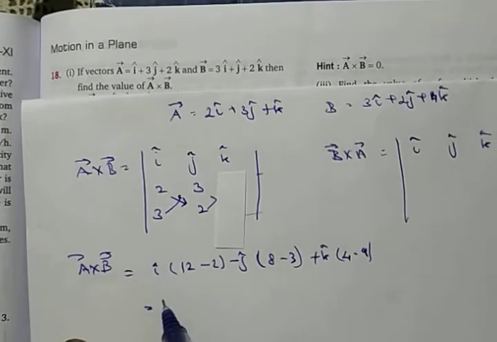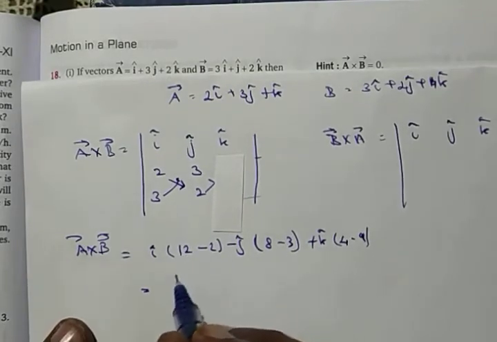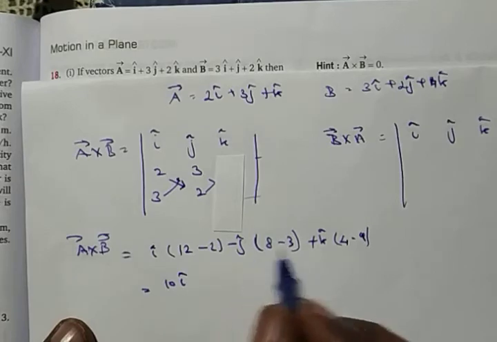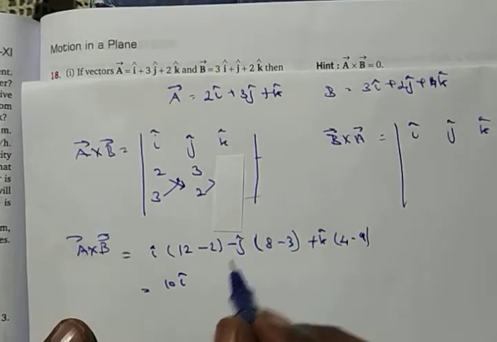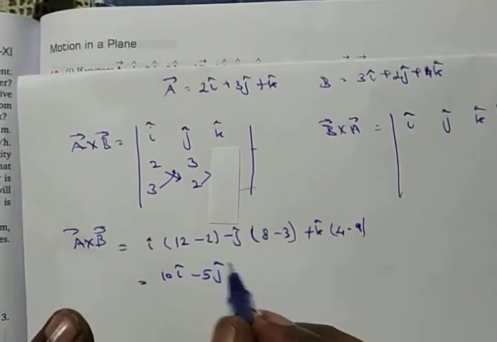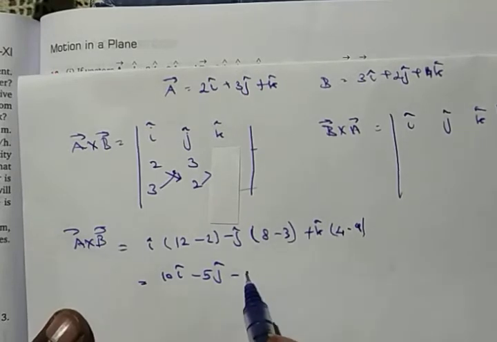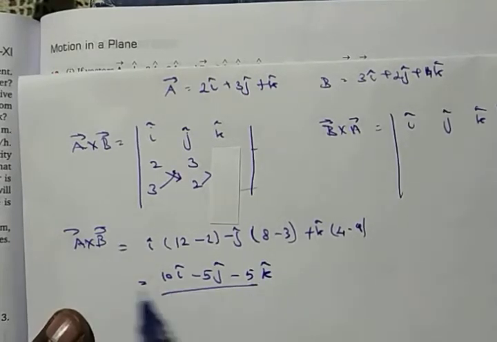So what will be the value here? It will be 12 minus 2, 10 i cap, and here it is minus 5 j cap, and then here it is minus 5 k cap. So this you got for A cross B.